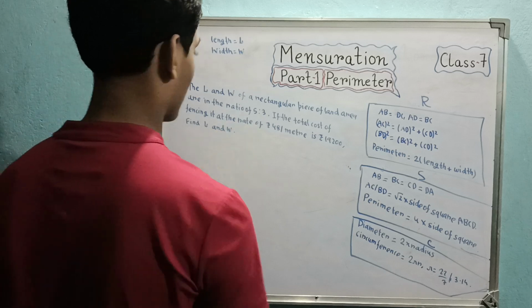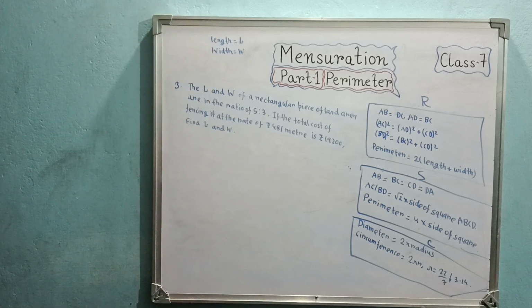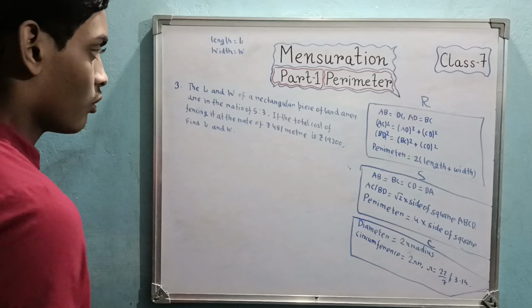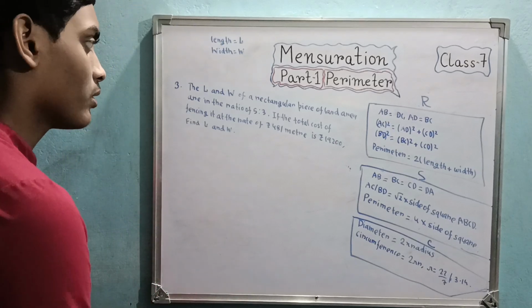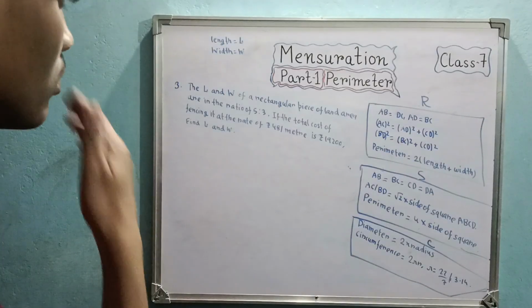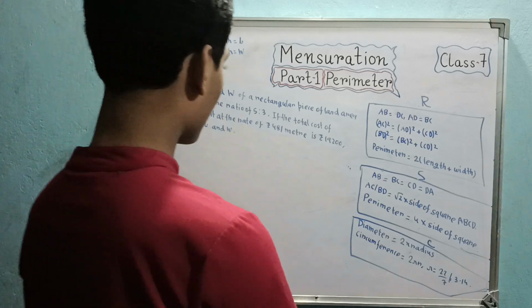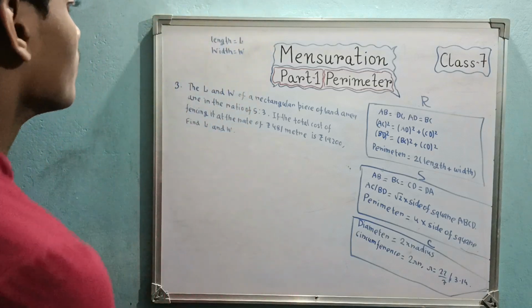What a good question actually. It was expected, but yes, it is here. So we are not given directly the length and width of the rectangle here, that is the ratio. But we have been given the rate of fencing and the total cost.